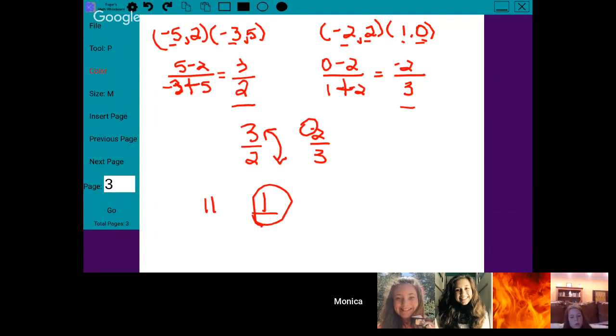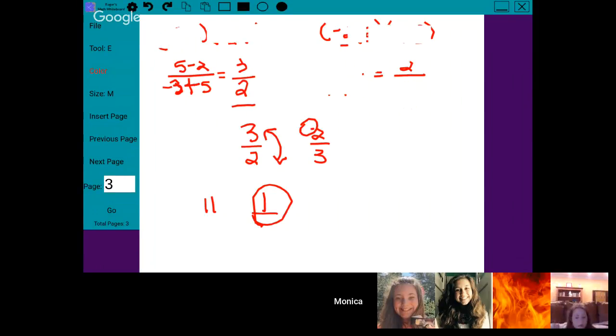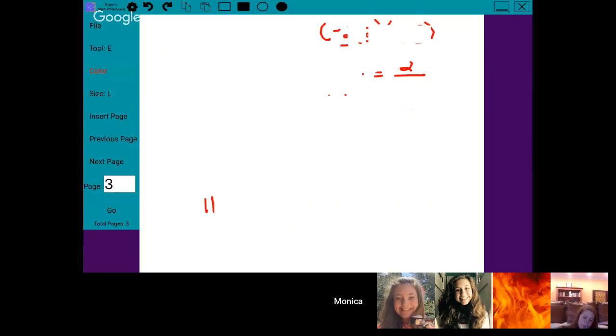Number 1, Isabel, on the worksheet. You're supposed to find the slope of the line that passes through those 2 points.